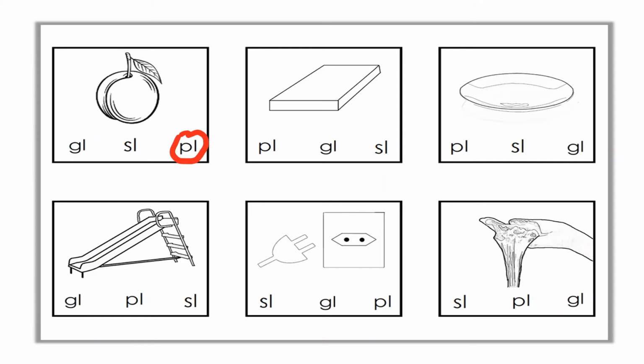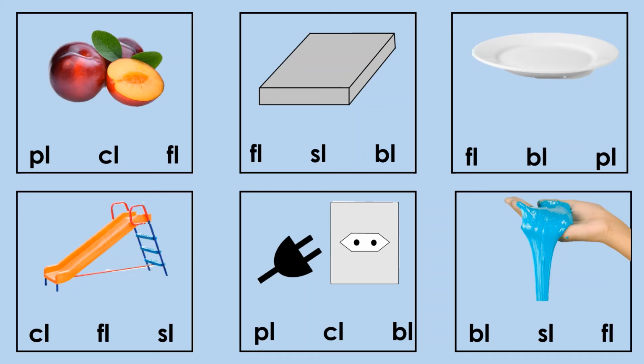Now let's find rest of the first blend. This next picture is slab, slab, sl. Yeah. Can you find picture of slab on your worksheet and circle it? This is plate, plate, plate, pl.